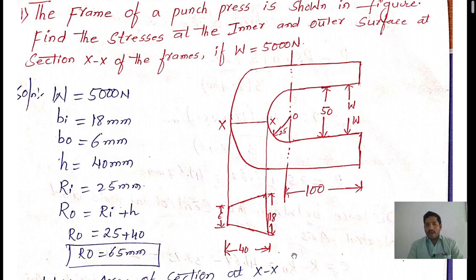First of all, you have to write down the given data. We applied the load of 5000 Newton on the punch press machine.